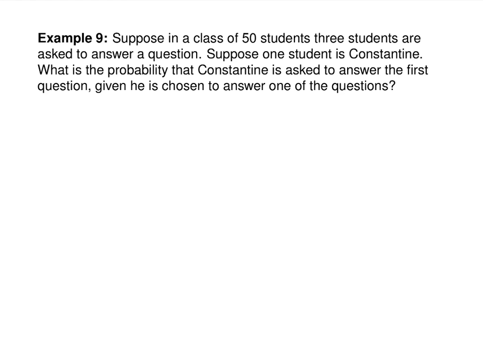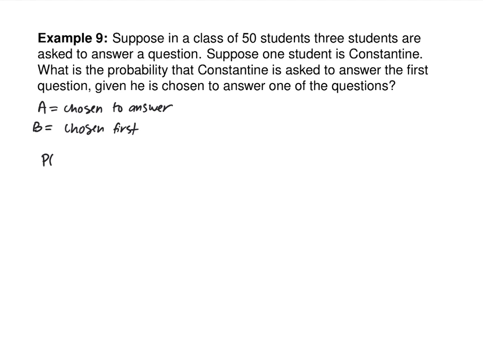So event A is that he's chosen to answer. Event B is that he's chosen first. Once we know he's going to be chosen, the chances he's first is 1 out of the 3 people, but let's use this rule to verify that.